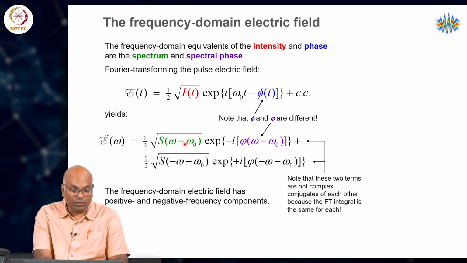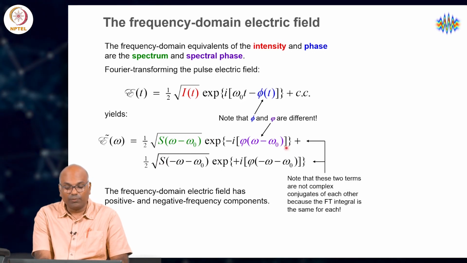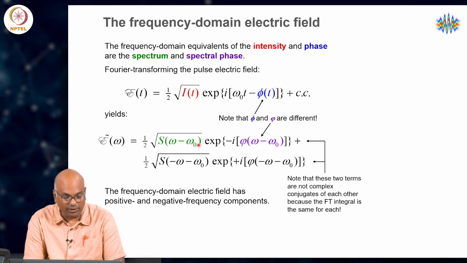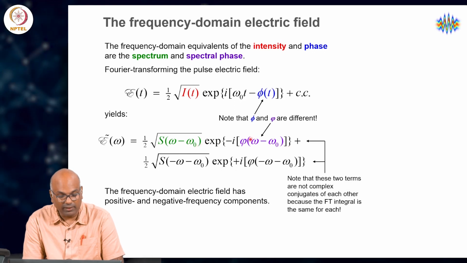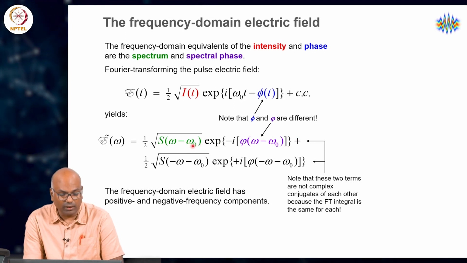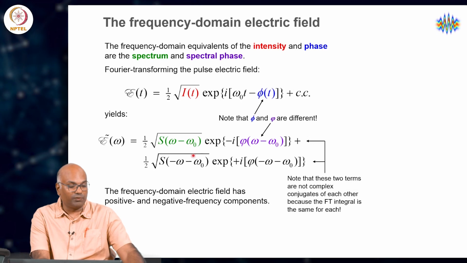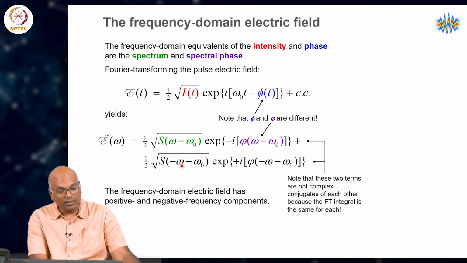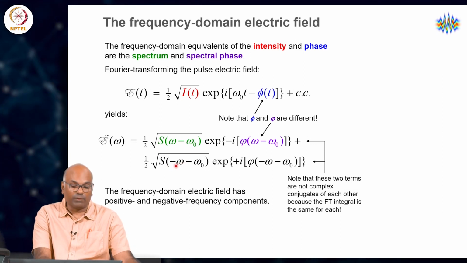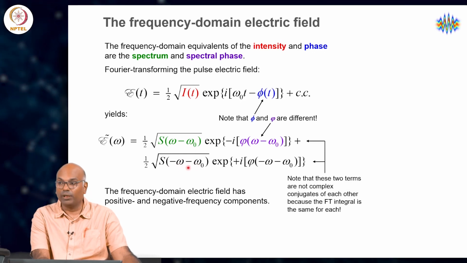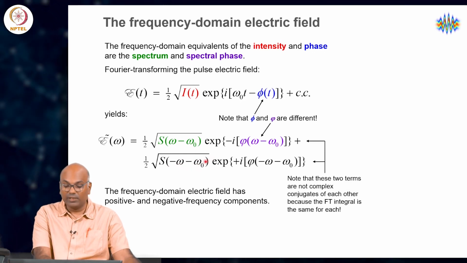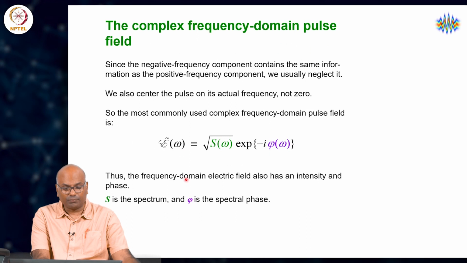The arguments to these two pieces on the right hand side before and after the plus sign are one on the positive side of the frequency scale, the other necessarily on the negative side with minus omega naught, where omega and omega naught are frequencies and hence positive numbers.